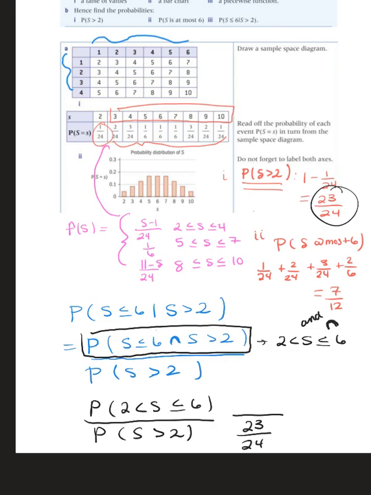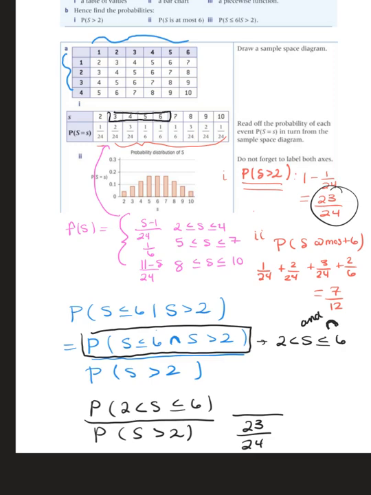Now I have to find the numerator, that it's in between 2, not including 2, and 6. Well, I can highlight that up here. So let me go ahead and erase this. And let's just highlight what is relevant for the numerator. So it's not including 2, right? So really what we're looking at is this.